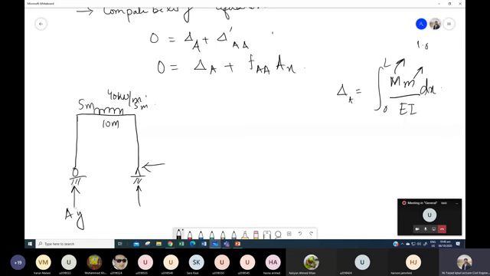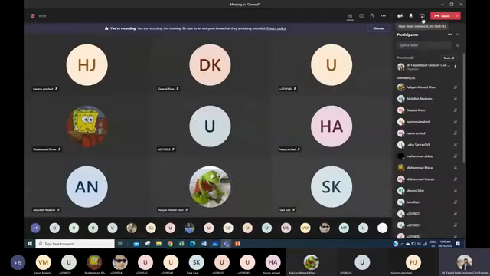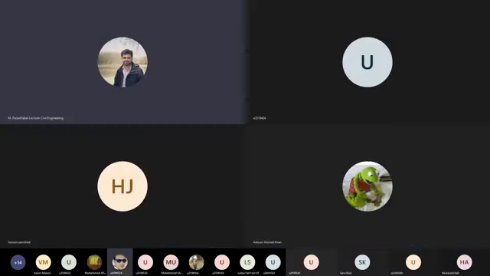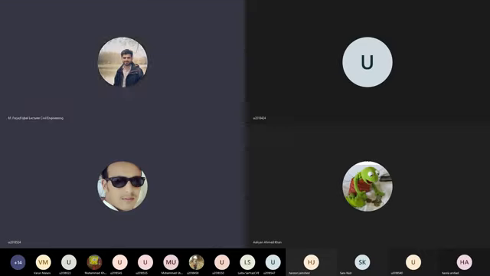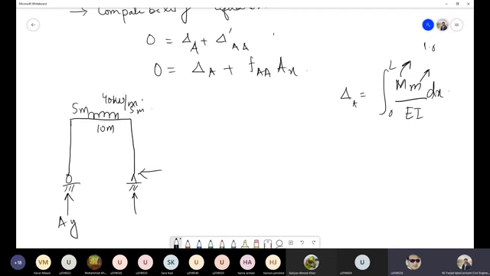So what will be this AY reaction? Sir, how much range is this UDL applied over? 10 meters. Sir, 200.